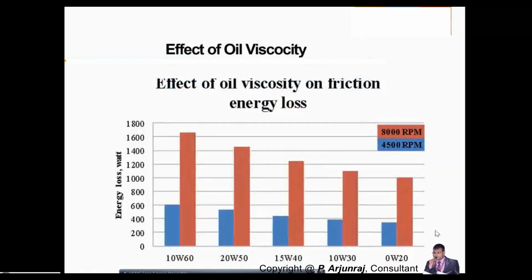See, the energy loss with respect to the engine oil grade. These are two RPMs: one is 8,000 RPM and the other is 4,500 RPM. So the higher the RPM, the higher the energy loss; the lesser the RPM, the less energy loss. With respect to the different oil grades, when you go from 10W60 to 0W20, you get less energy loss.